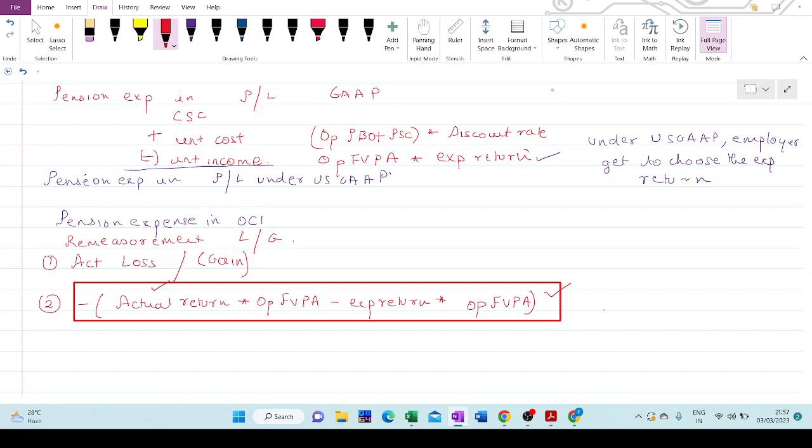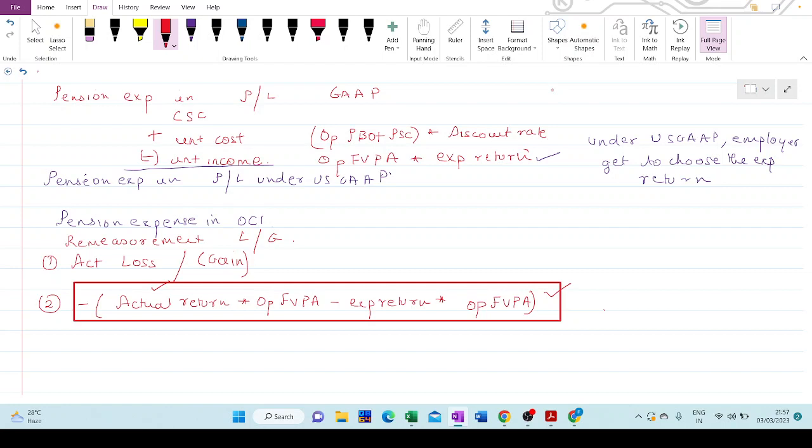This ensures that the impact of expected return is completely nullified from the calculation of TPPC. Second thing it ensures is that since the impact of expected return has been completely nullified, we no longer deviate from the financial reality, we no longer deviate from the economic reality. And the actual return, which is an unrealized gain, is reported in the OCI.